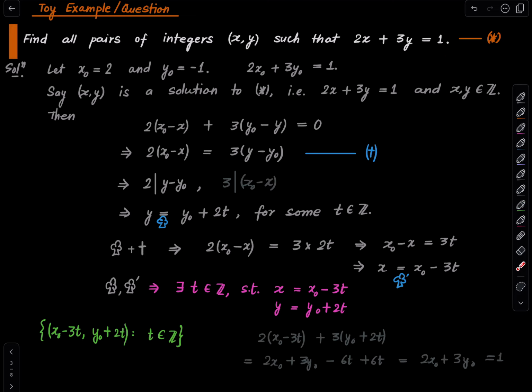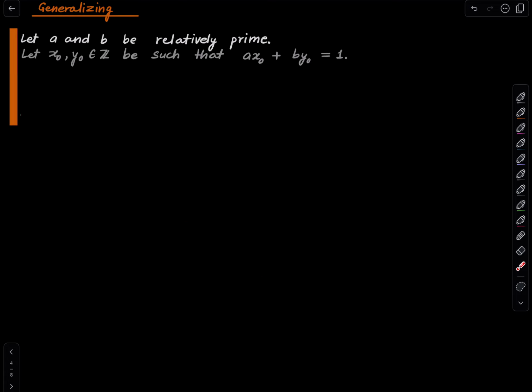Okay, so we'll just turn this into a theorem now. Suppose a and b are relatively prime, and suppose, we know by Bezout's theorem that there do exist integers x naught and y naught such that this equation is satisfied.